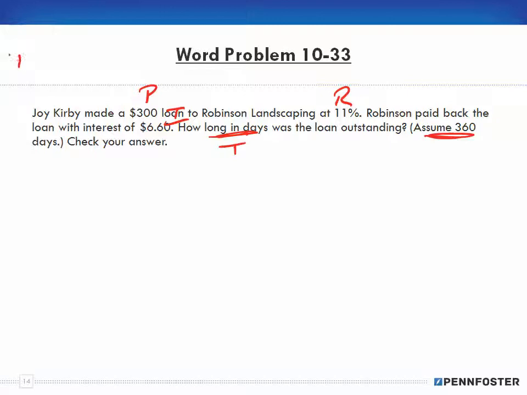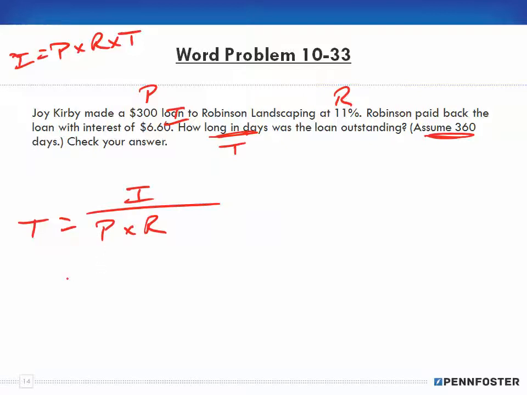So again, interest equals principal times rate times time. And if we need to figure out the time, we set that to the left, put the interest in the numerator, and what's left, principal and rate, in the denominator. So we'll just fill in the blanks here. My interest is 660. My principal was 300 times my rate, which is 11%.